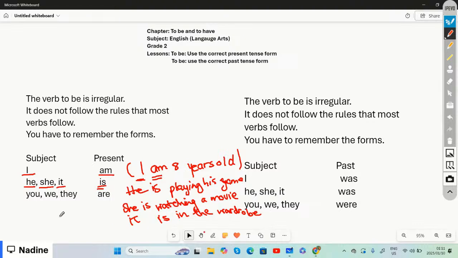So we use either he, the subject, with the verb is, or she, the subject, with the verb is, or it, the subject, with the verb is.